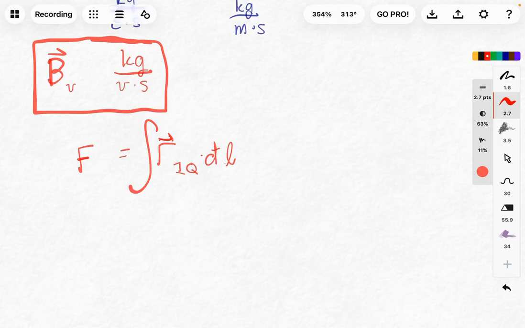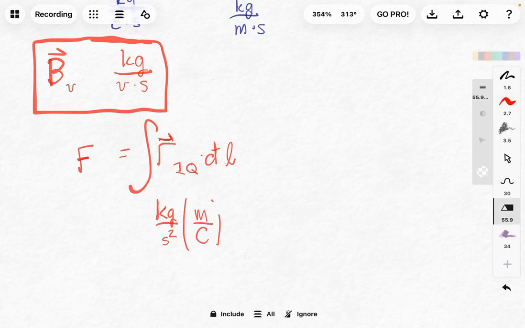So gamma is specifically kilograms times seconds squared, and 1Q means that we multiply these SI units by meters per coulombs, in this case, to the first power. And if we are integrating by length, we want to square this.